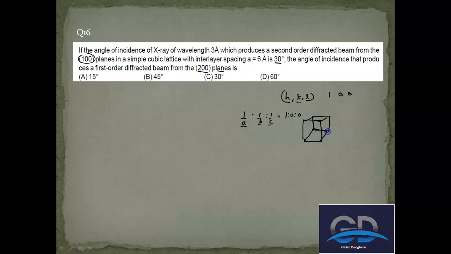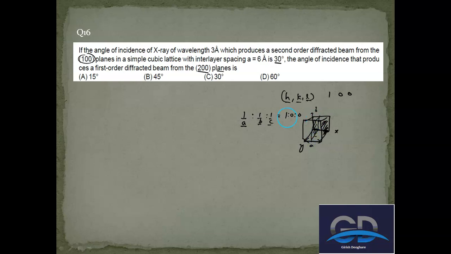So if this is the x-axis, this is the y-axis, and this is the z-axis, a should be 1, which means this vertical plane at distance a is represented by 100. Similarly, 200 would be a plane which is at a half distance, a by 2.